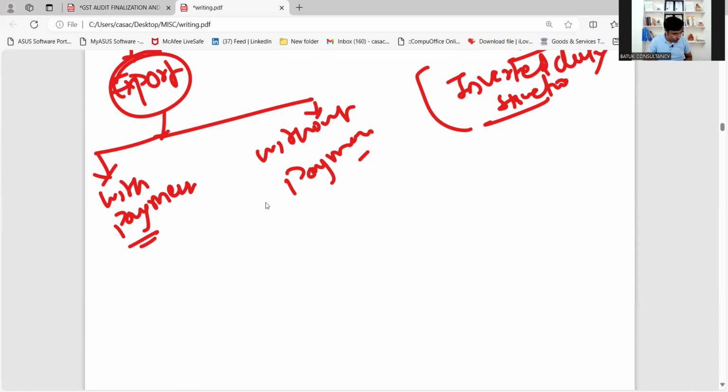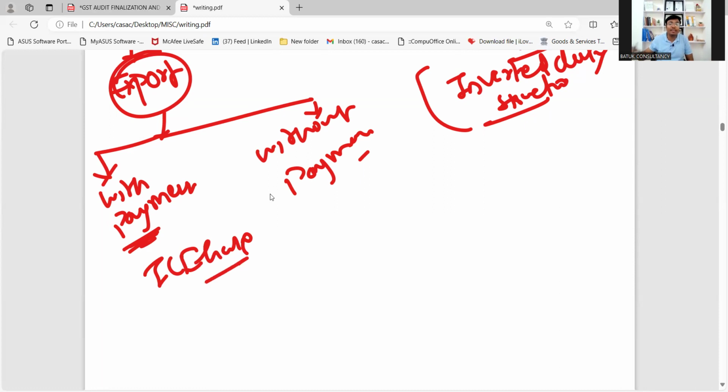So now, suppose you are doing the audit for financial year 2021, in that case, the taxpayer has claimed the refund for that particular financial year. In that case, you just need to ensure the calculation of refund. You just need to ensure in case of export, the complete invoices related to the exports tally with the ICEGATE portal.